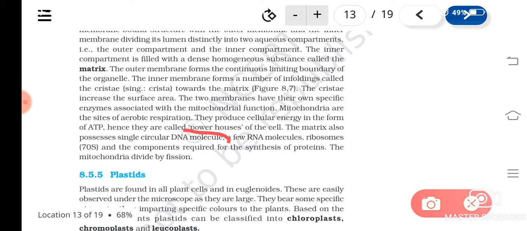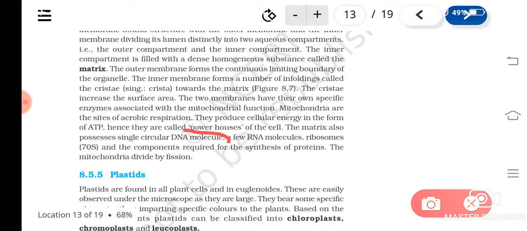Just imagine, it is found inside an organelle, in addition to the nuclear DNA. Understood? In addition to the DNA that you find in the nucleus, mitochondria are having what?